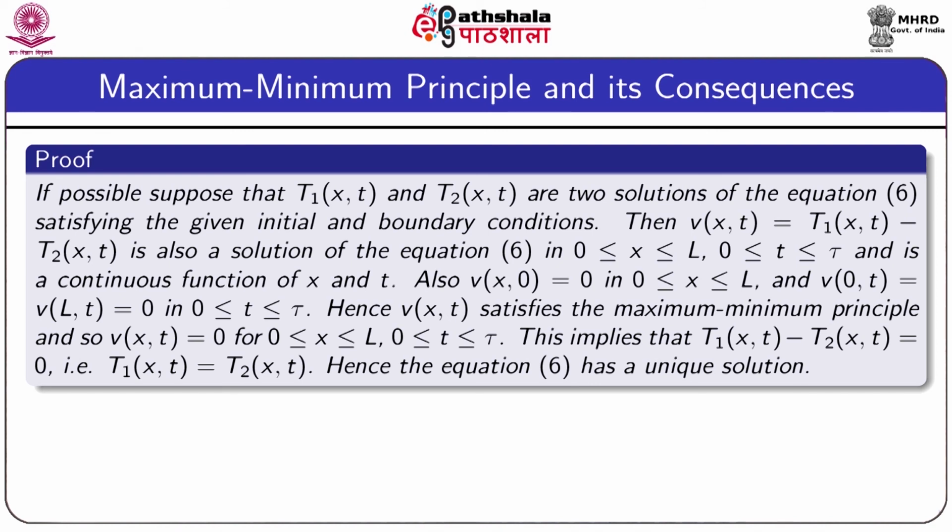Now, we consider another function V which is equal to T1 minus T2. It is easy to prove that the function V will also satisfy the heat equation written in equation number 6 in the region 0 less than or equal to x less than or equal to capital L, 0 less than or equal to t less than or equal to tau, and is a continuous function of x and t.